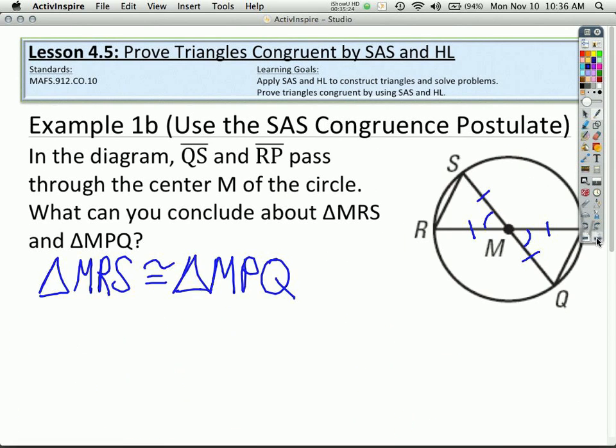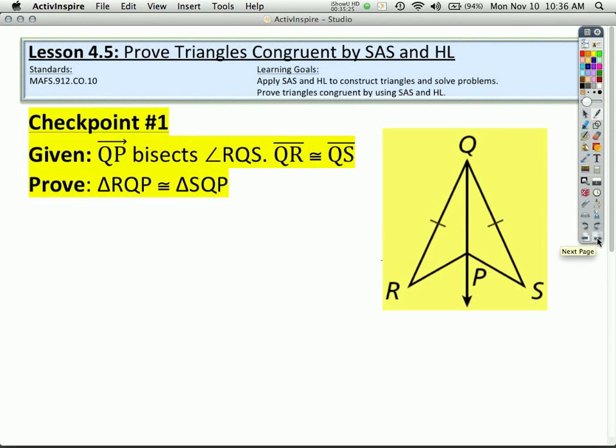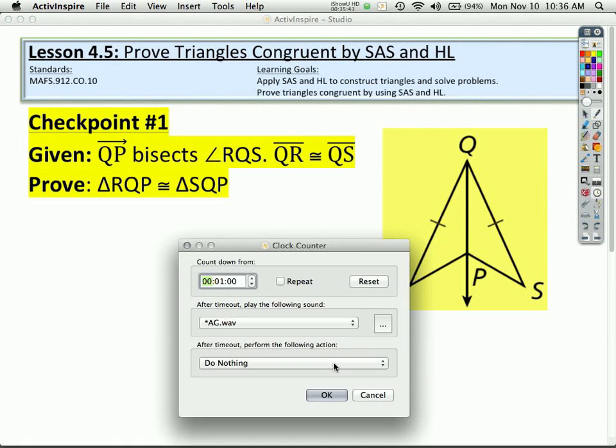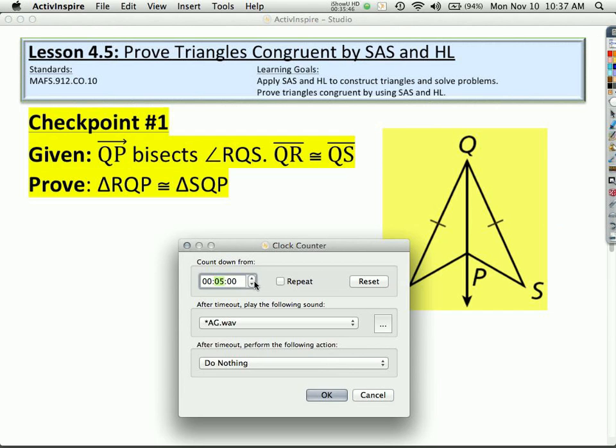Good. So now you've got side, angle, side. Let's see how you do on your own writing a proof, and we are trying to use side, angle, side, even though it doesn't say that. You can use any of the tools in your toolbox at this point. So I'm going to give you 5 minutes on the clock. You may, of course, discuss anything with me.